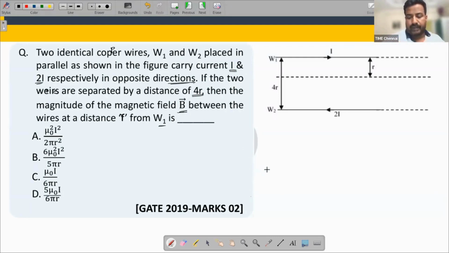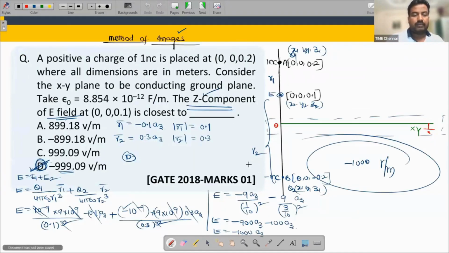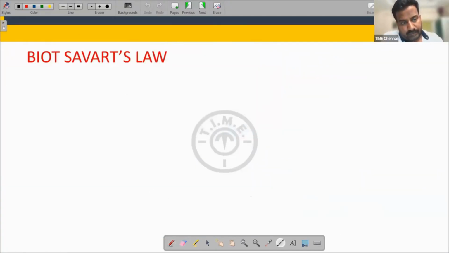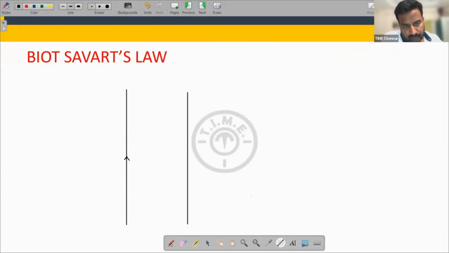You know, in the parallel wire case, if you take two parallel wires carrying current I in the same direction, according to the right hand thumb rule, the thumb indicates the direction of flow of current and the fingers encircling indicate the magnetic field.